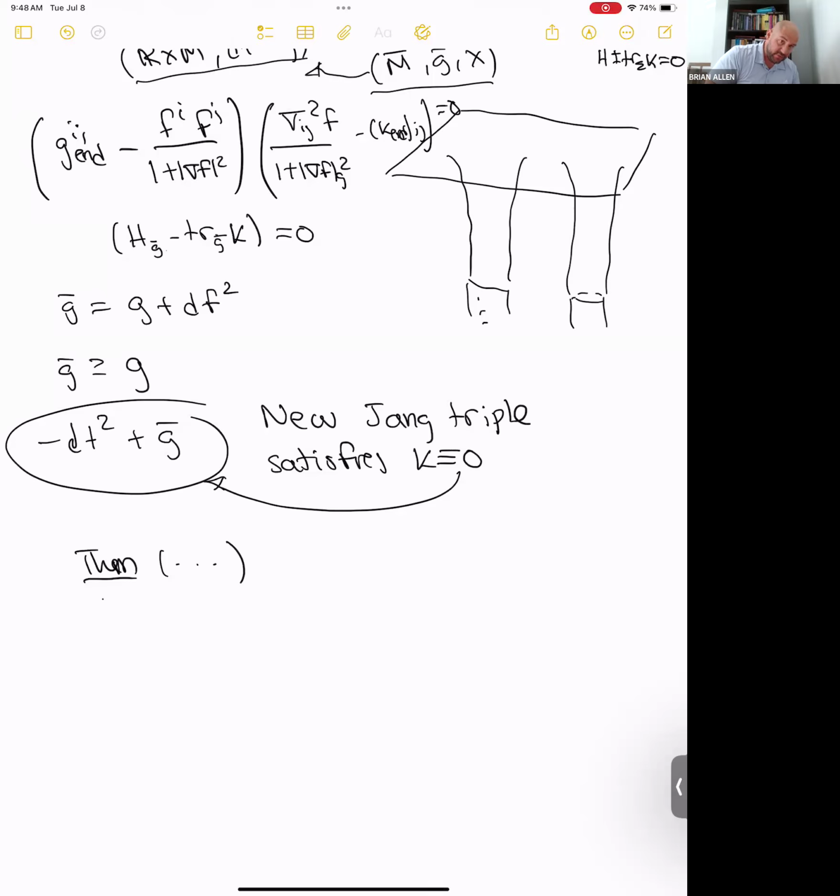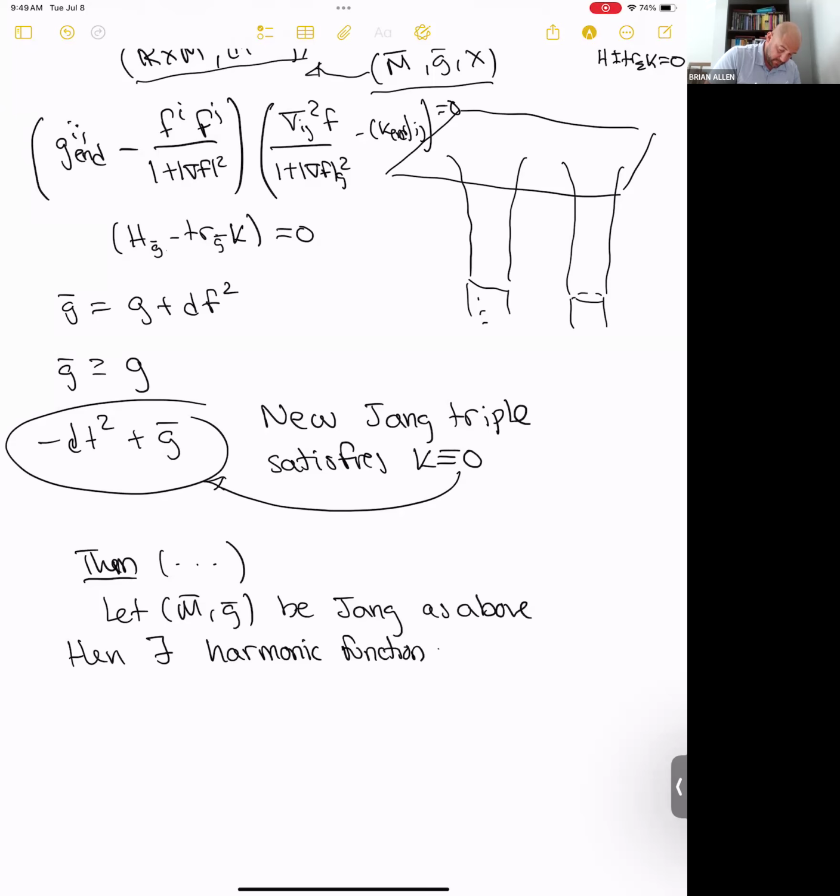So the idea is that if you let M bar, G bar, the Jang triple, be as above, then there exist these harmonic functions on M bar, which are asymptotically flat coordinates near infinity.